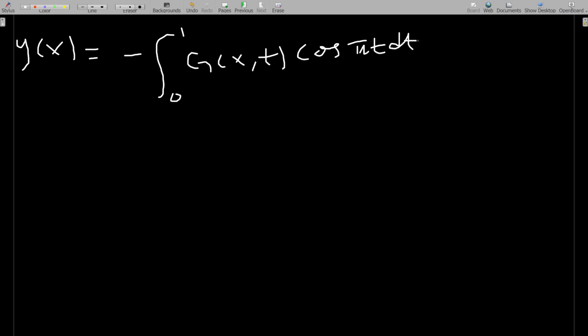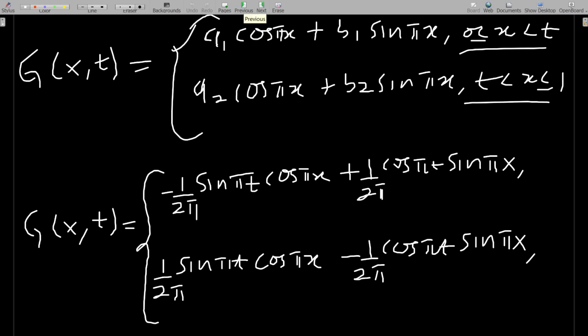And we know that g of x,t is given as this one, a piecewise function. So we are integrating from 0 to 1, but t or x is broken down into different limits.